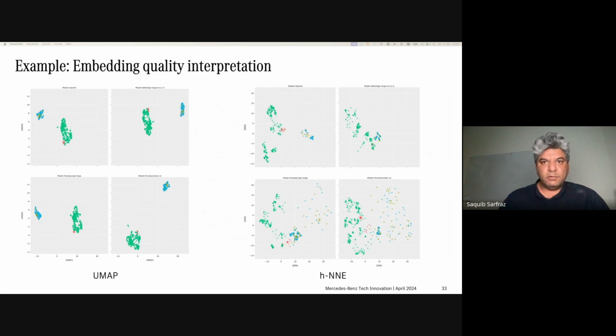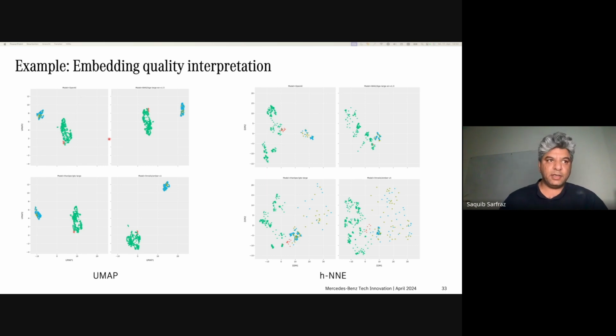Just to reflect on this point, here is another example. We use typical sentence embeddings for our retrieval-augmented generation. Here you see four different colors, which reflect four different types of documents. We are just seeing which embedder we should use for these documents.